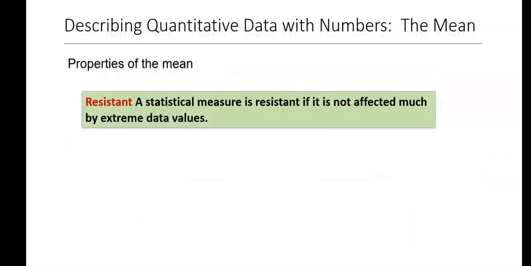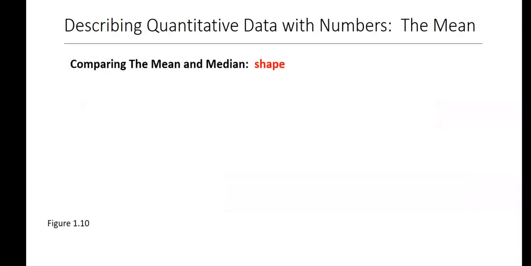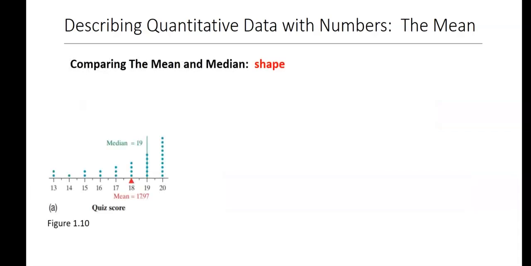Resistant, I like that word. A measure is resistant if it is not affected by extreme data values. We already talked about how the mean is very affected by an outlier, so I don't think the mean is very resistant. Which measure is? Well, the mean is not, so maybe the median? I think it is actually.